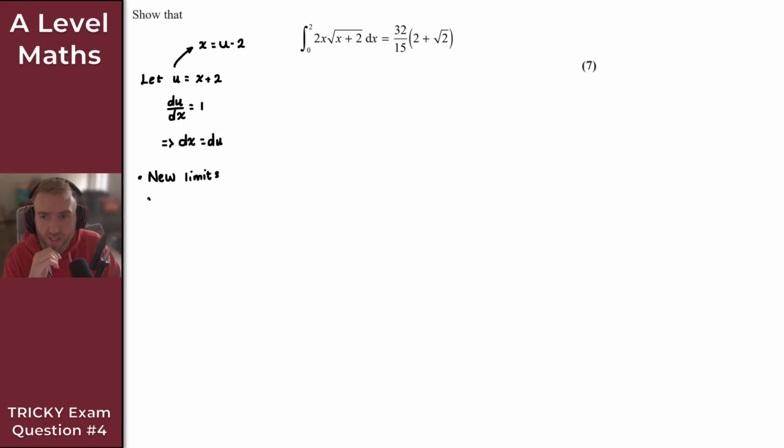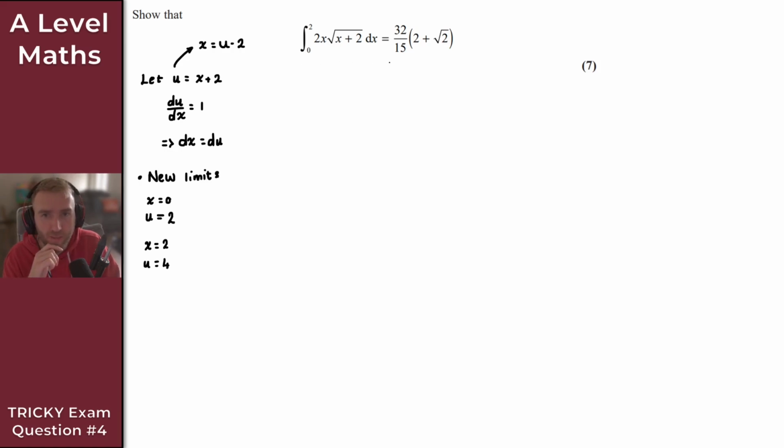So when x is 0, u is 0 plus 2, we just get 2. When x is 2, that being the original upper limit, then u is simply 2 plus 2, which is 4. Perfect. So we've now got everything that we need to rewrite this integral.